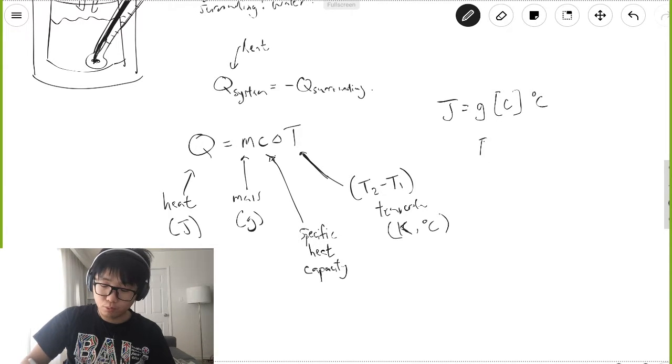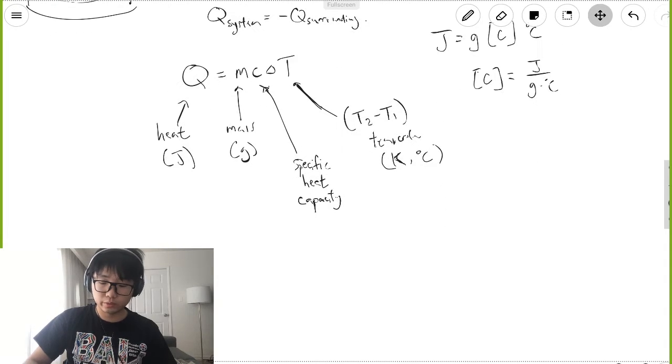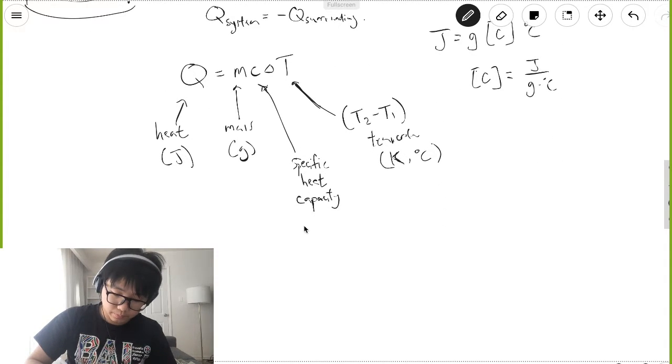Therefore, if I isolate c, it's just going to be joules per gram times Celsius. So whenever you're not sure of the unit, you can always isolate if you know all the other units. Or if you want to know if you're using an equation right, you can always check the units, right? All right.